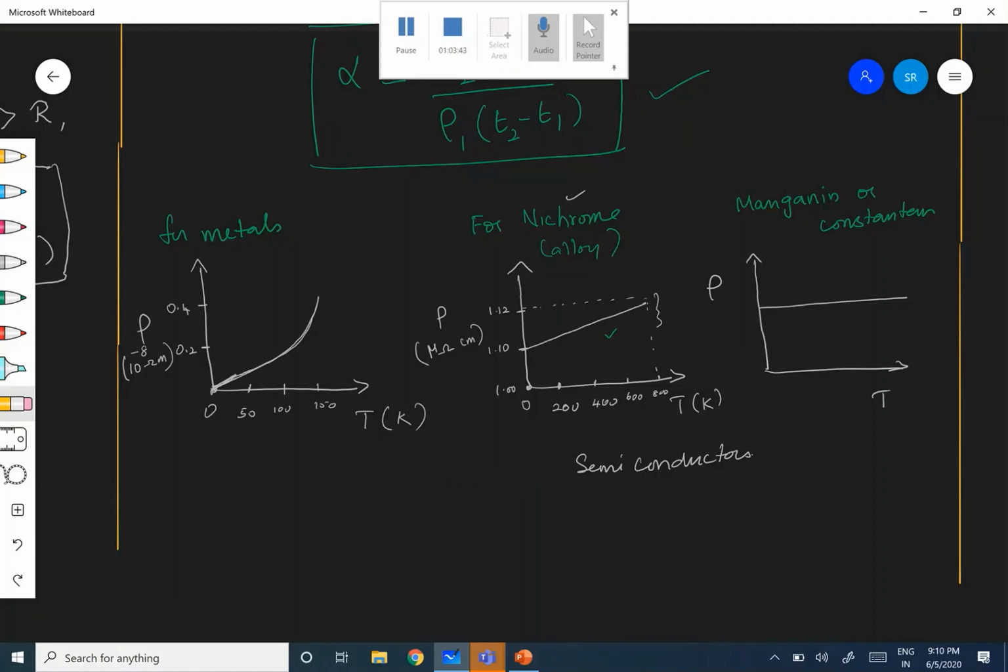Even carbon. Therefore, with the increase in temperature, the number density of electrons in the conduction band will increase exponentially. How to plot a graph here?